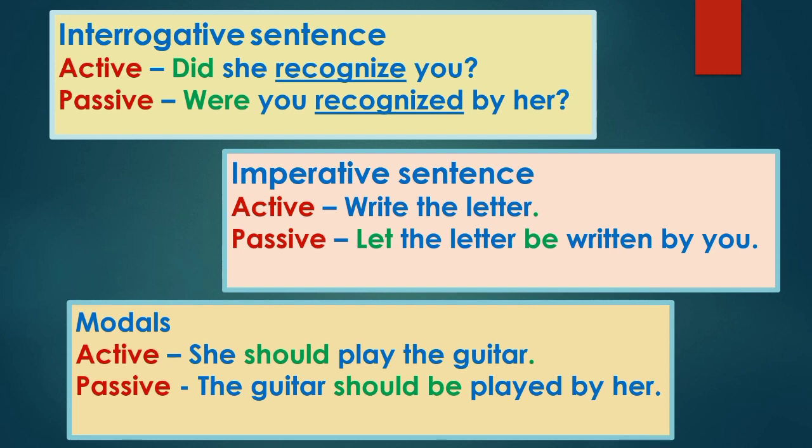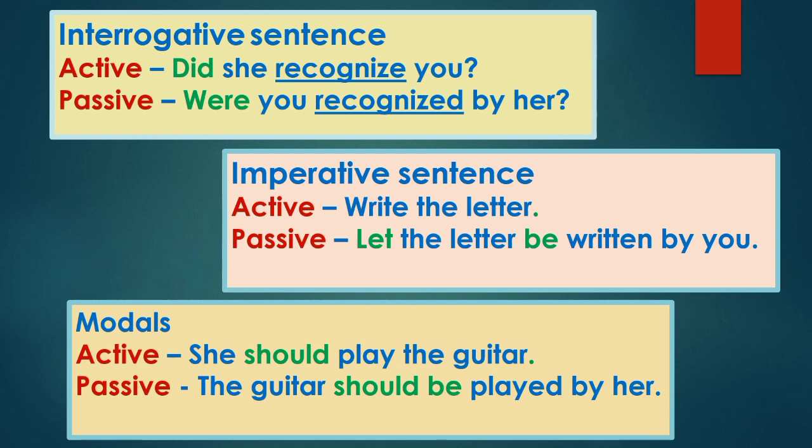If we have to convert the interrogative sentences into the passive form, we will apply the same form of interrogation in the passive also. As we can see here, "Did she recognize you?" So the question form will continue here in the passive also. "Did" will convert into the verb, as according to the rule we had already discussed.